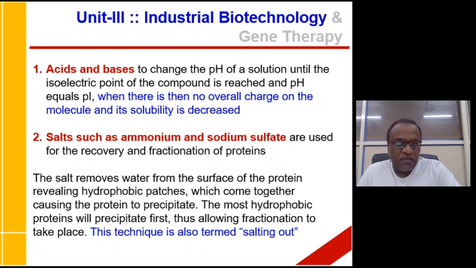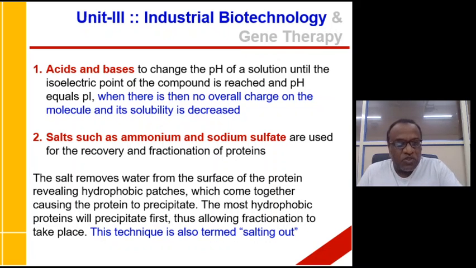Number one is the acids and bases. So to change the pH of a solution until it reaches the isoelectric point of the analyte or compound or the product of interest, and when pH equals pI, there will be no overall charge on the molecule.